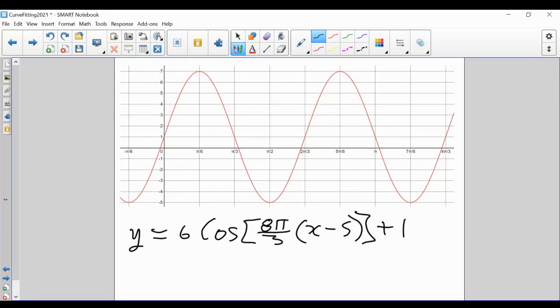Let's do it in stages. How about the amplitude? Is the amplitude okay? Let's start with that. Are we going to agree with the amplitude? Okay, so Sinduja, so far the amplitude gets a thumbs up. How about the vertical translation? Is that part okay? That gets a thumbs up as well.